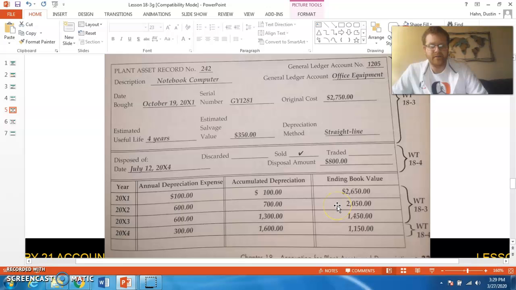Now take your 2050 minus your 600 equals your 1450. Now, we got rid of it. Here's your first 2 months. We now have 10 months, which is less than a year. We have 10 months to account for. Again, it's $50 per month for your depreciation.